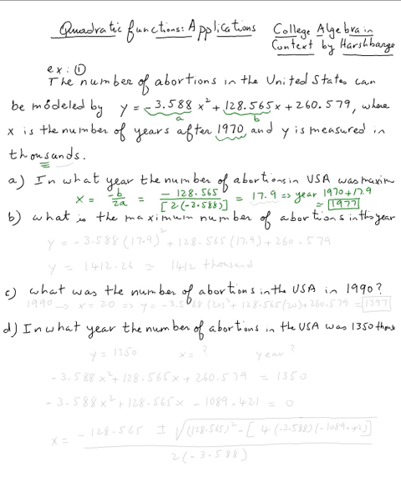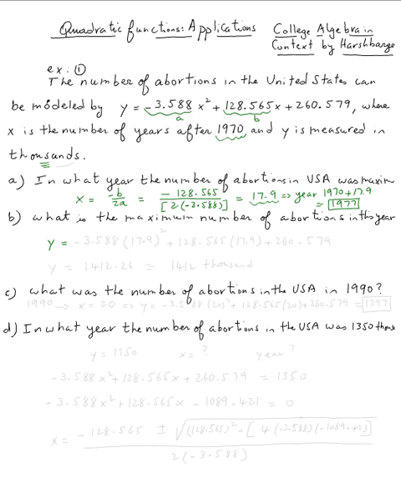Now for question B, what is the maximum number of abortions in this year? So we have the x. All we need to do is plug in the x. We're looking for y values because we're looking for the number of abortions. In other words, we're looking for the y coordinate of the vertex.